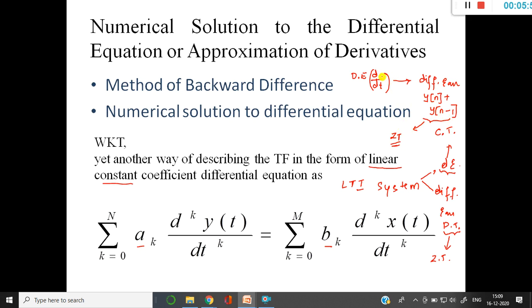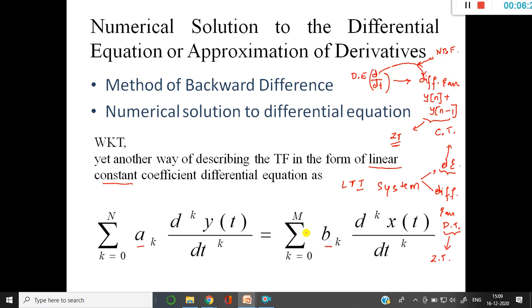Now what is the technique to convert a differential equation into a difference equation? One of the methods we learned in fundamental mathematics is the Newton backward difference method, and we also have the Newton forward difference method, right?